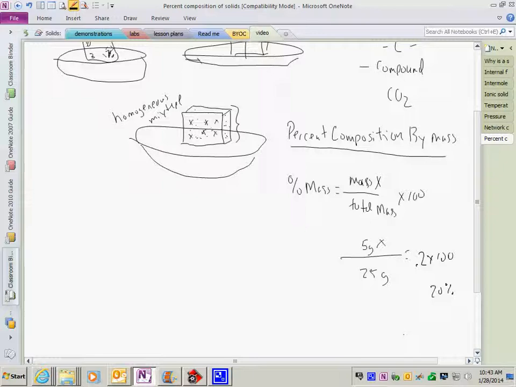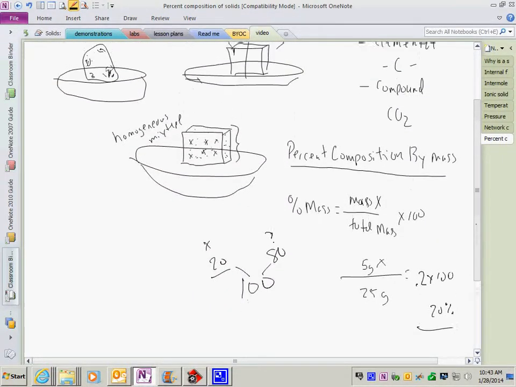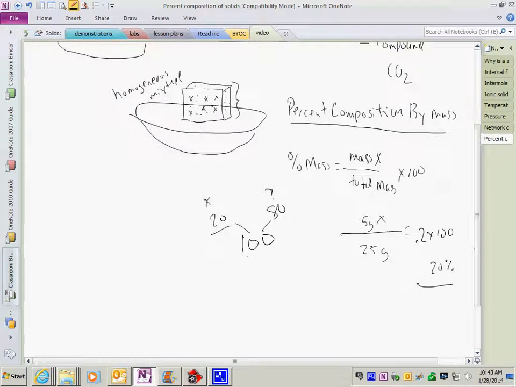So percent by mass is a way of measuring how much stuff is in a solid. Again, this is just a linear relationship based off 100. If we had 100, then it would be 20 and 80. This would be X, and this would be the other stuff that happens to be our solid. Now, we could take this a bit further and ask, what is the actual composition of X?